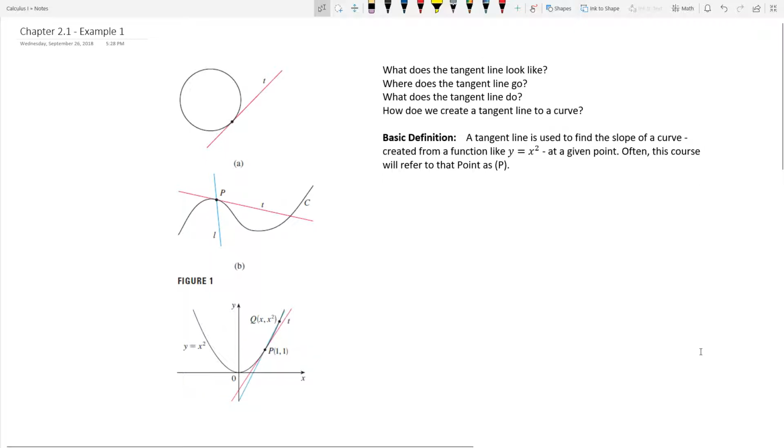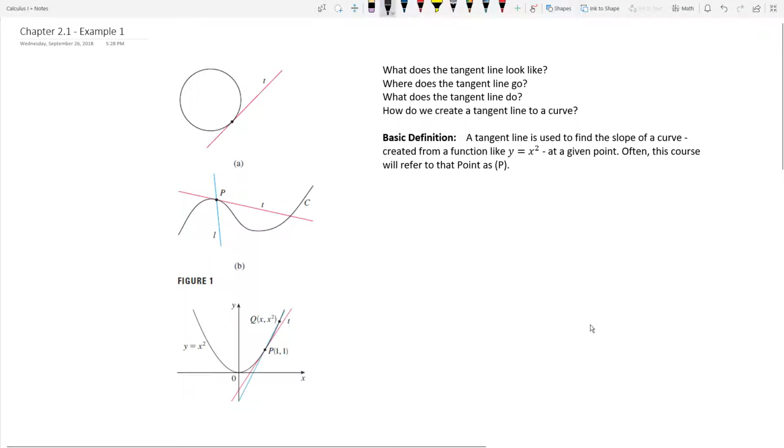Now, before we do that, let's see if we can get a better idea of what the tangent line looks like, where the tangent line would go, what does the tangent line do, and how do we create a tangent line to a curve.